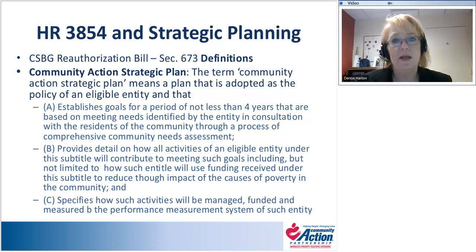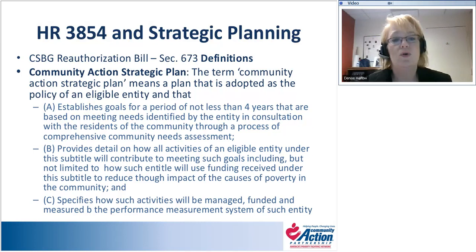But in the bill, they do define strategic planning, and you can see here the term strategic planning means a plan that is adopted as a policy of the eligible entity, which means it's adopted as the policy of the CAP agency. And when you adopt as the policy, that implies the board needs to adopt it.